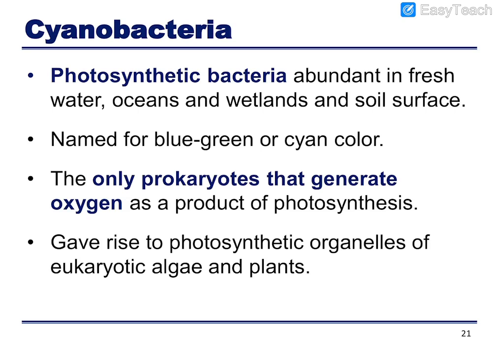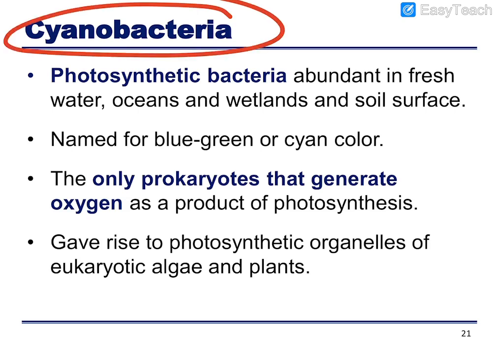Now, if you're picking up what I'm laying down, you're thinking, oh, without cyanobacteria, there would not be oxygen on Earth. The emergence and colonization of cyanobacteria was so important for the evolution of life on Earth because they gave rise to photosynthetic organelles of eukaryotic algae and plants.